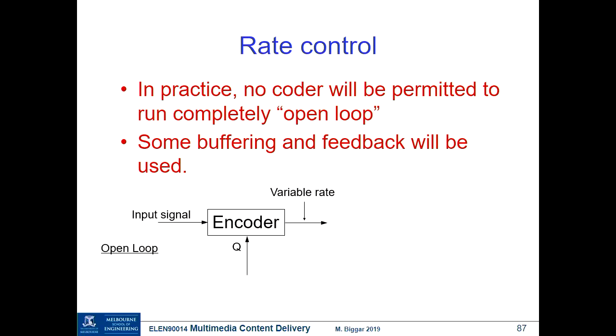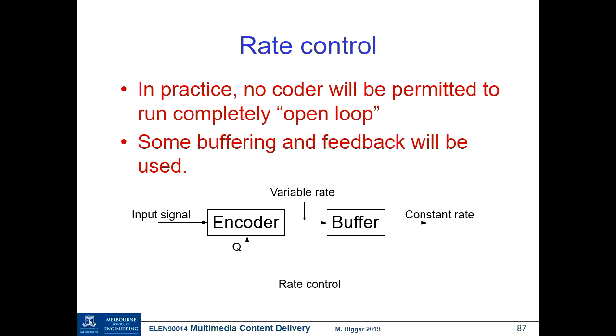So the idea is that our encoder, as we've described before, is sitting here. We've got an input video signal. It's generating a variable rate, but we have some parameters that we can control, most obviously the quantizer. If we allow that to go open loop, then we would have an uncontrolled, variable output rate. So ordinarily the configuration would be something like this.